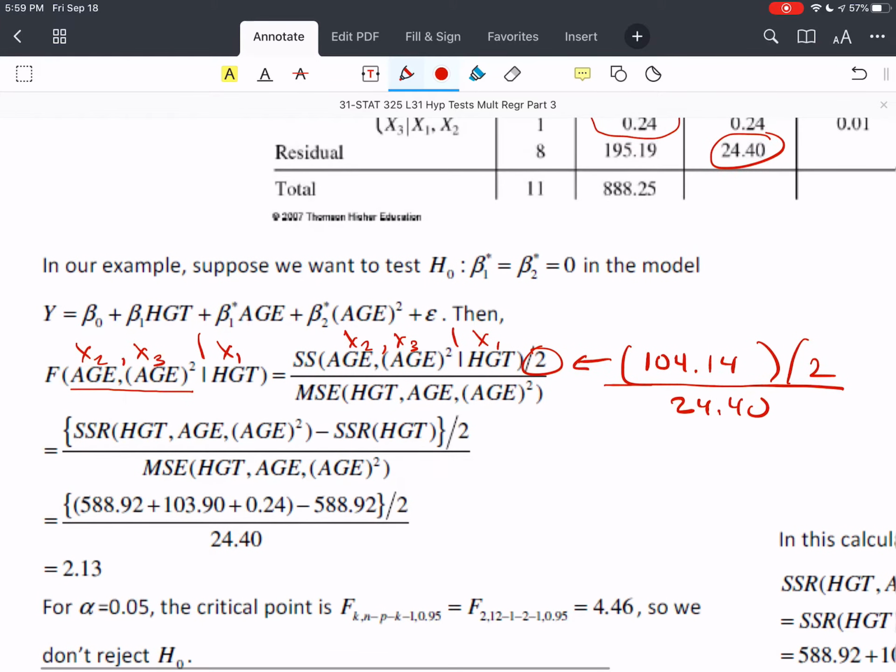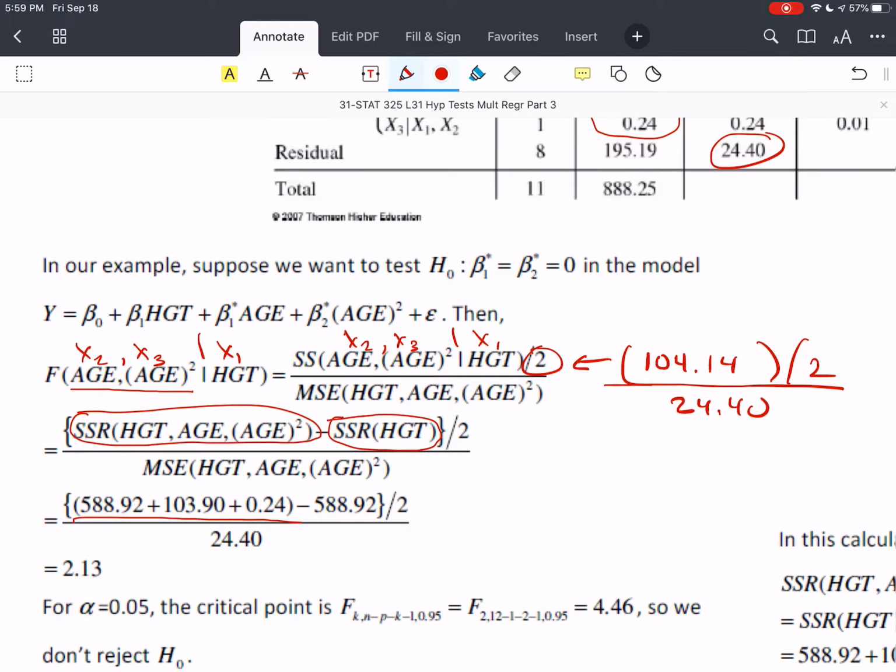Okay, so they did a more convoluted equation here to go back to their definitions, and you're welcome to follow that. But let's see, what do they have here? They have 588.92 plus 103.90 plus 0.24, because what they're doing is they're getting this value here, and then they're subtracting this value here.